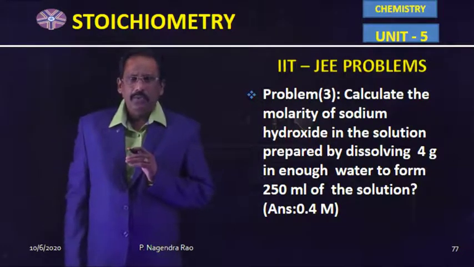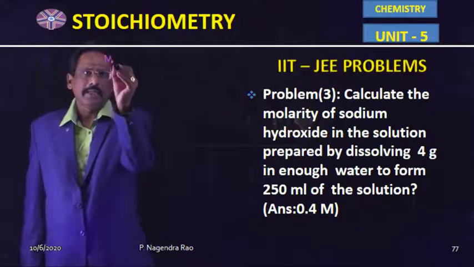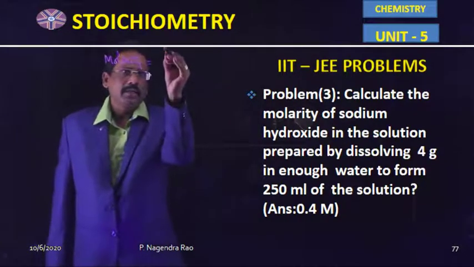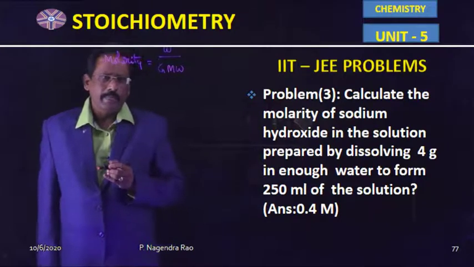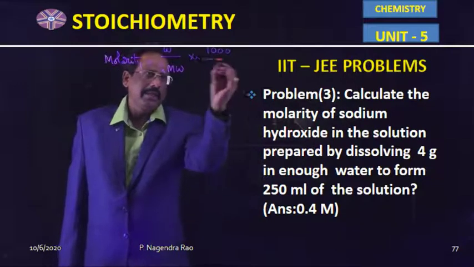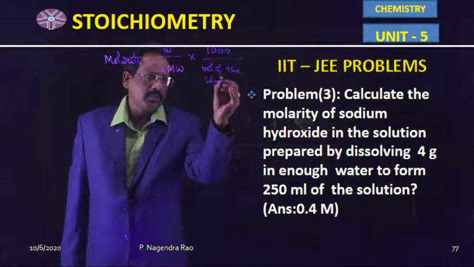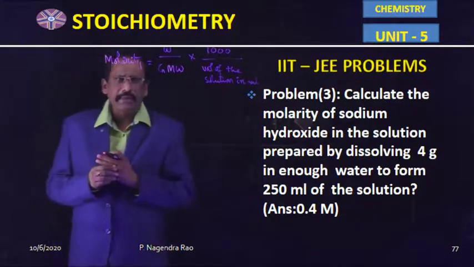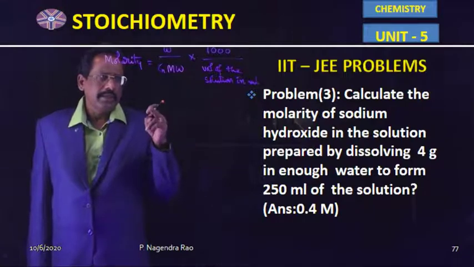According to the molarity concept, the formula used to calculate molarity is the weight of the solute divided by the gram molecular weight of the solute, into 1000 divided by the volume of the solution in milliliters, because molarity is defined as the number of gram moles of the solute present in 1 liter volume of the solution.